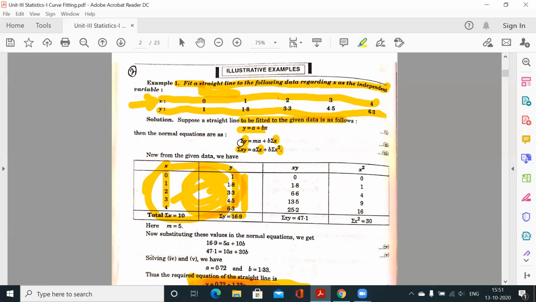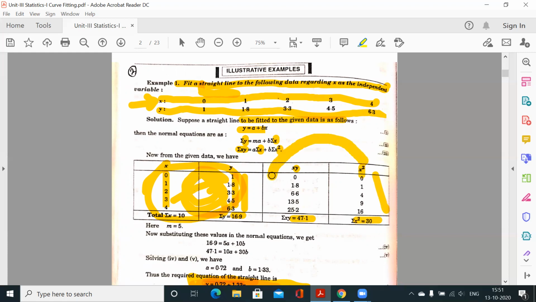Now we have summation y and summation x. Next, summation xy. It is not necessary to find x dot y first and then x square, because we only need these summations, so we can formulate the columns in any order.